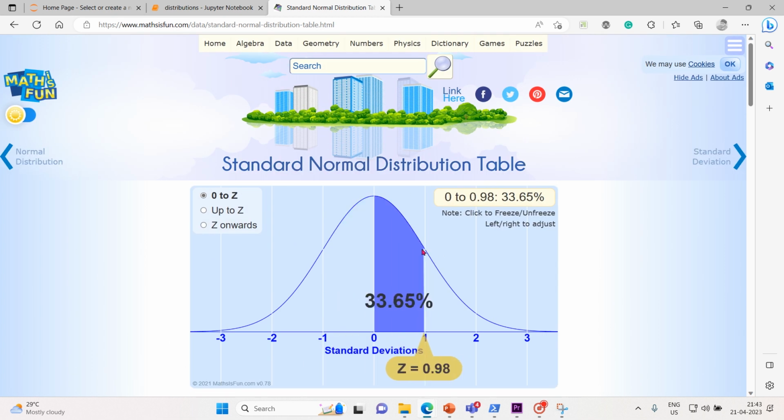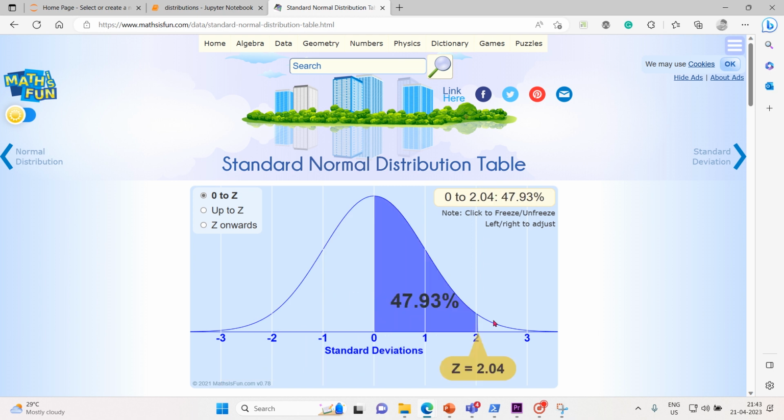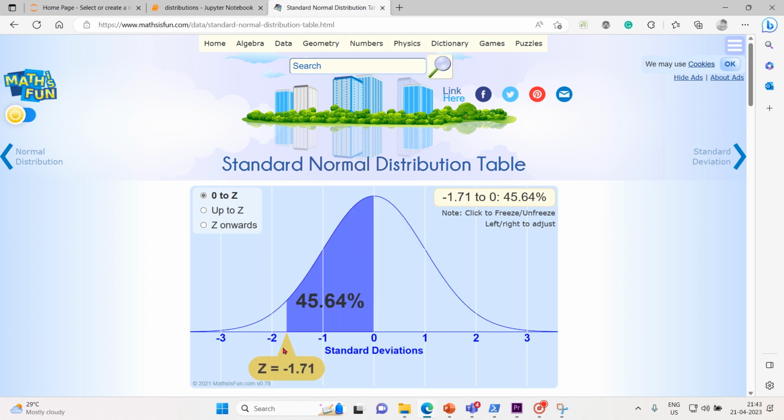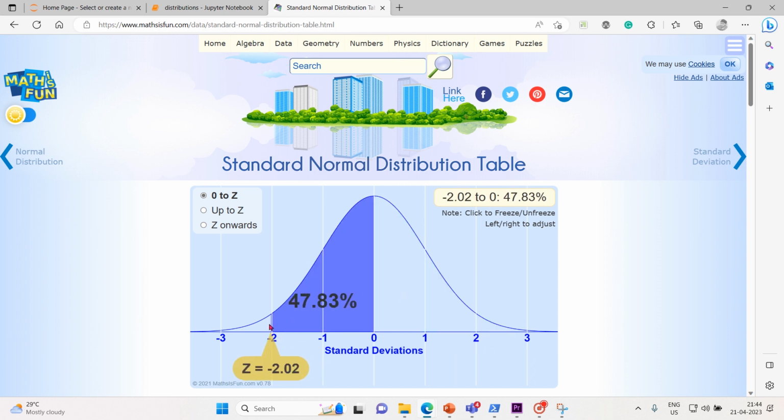So this much of the data lies between these respective Z scores. Basically a Z score tells how much of the data lies between two Z scores. You can't take one Z score, you have to take an interval of Z scores, either 0 to 2, or minus 1 to 1, or minus 2 to 2, minus 3 to 3.